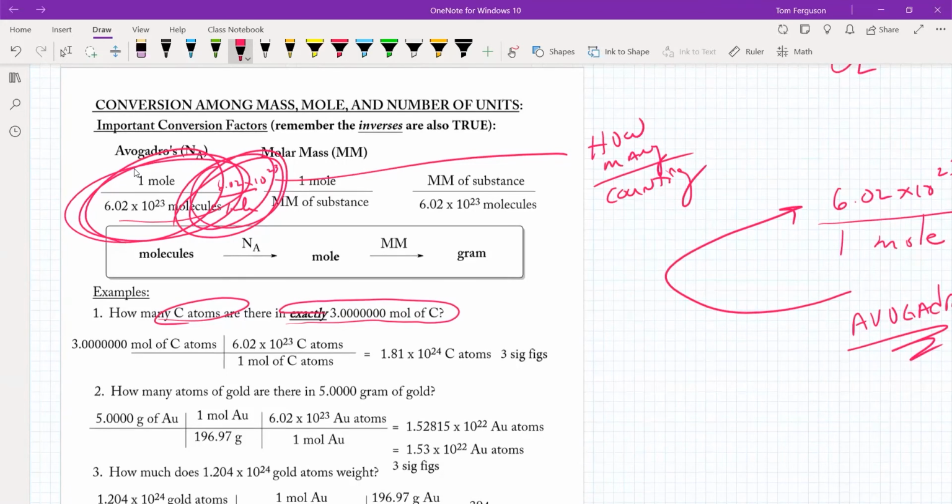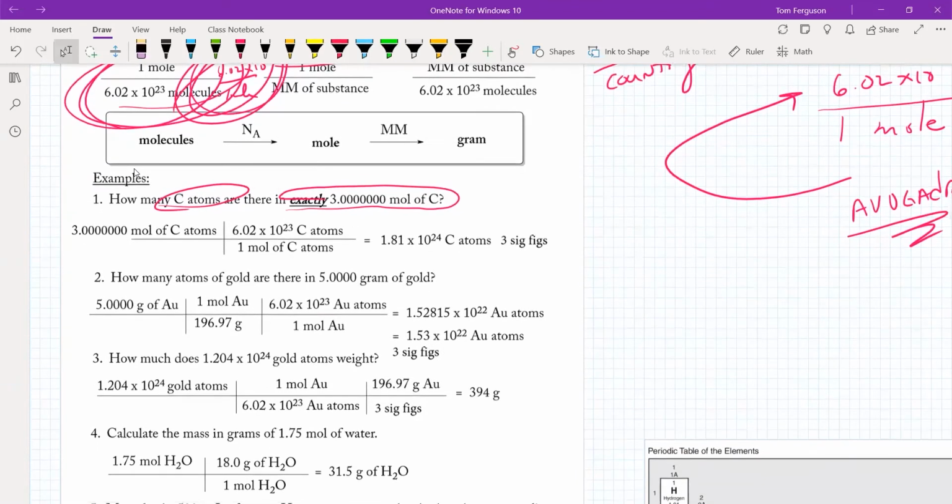In this case, how many carbon atoms are there in 3.0000 moles of carbon? Okay, going back to remember our standard deal. What's given? What are we calculating? And what's the setup? So what's given here?